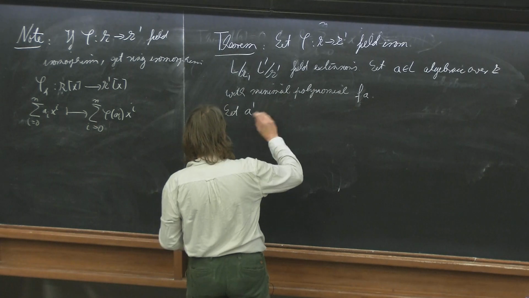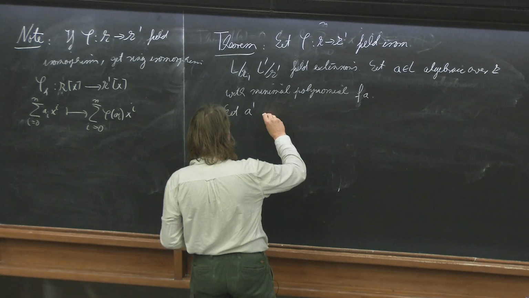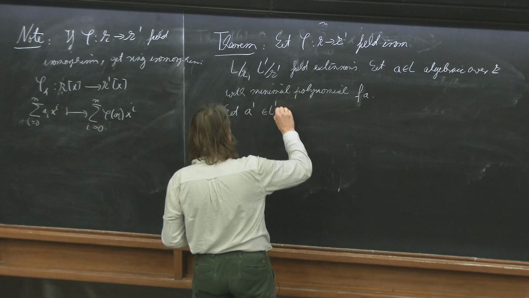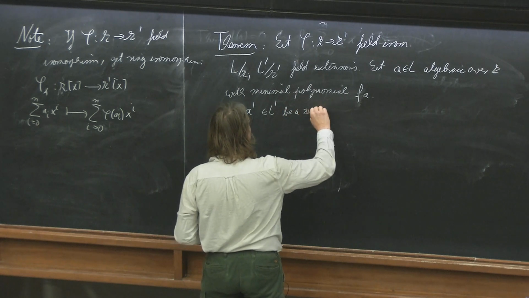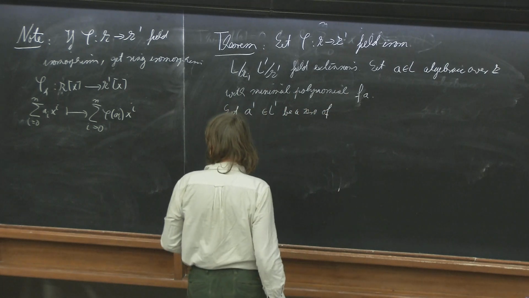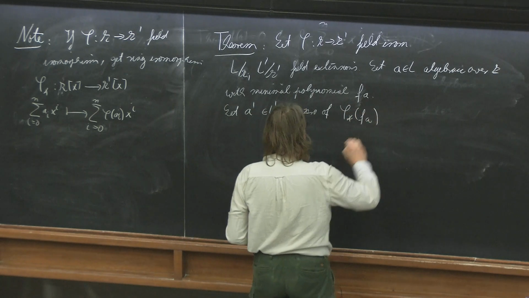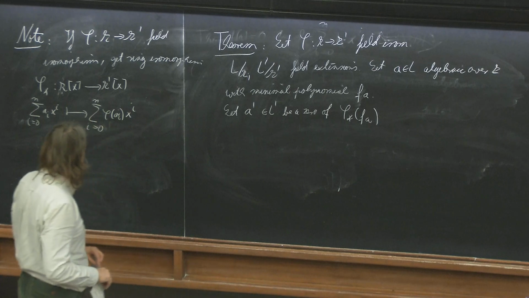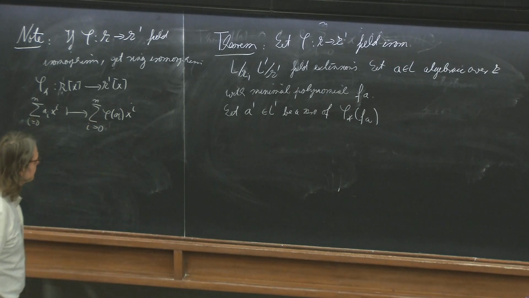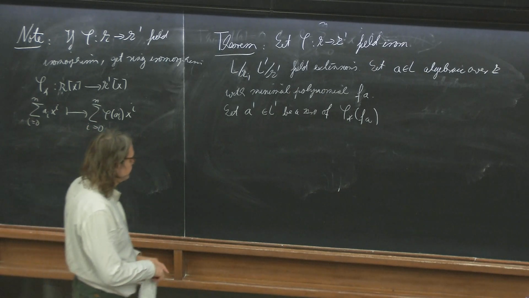So let a' be a zero of, how did I call it? Phi star. No, I just apply this phi to the coefficients of the minimal polynomial.